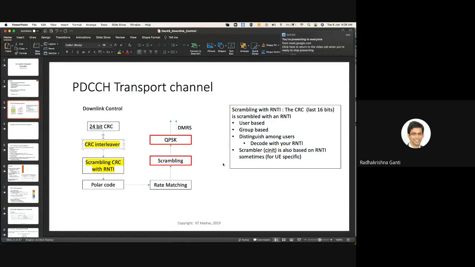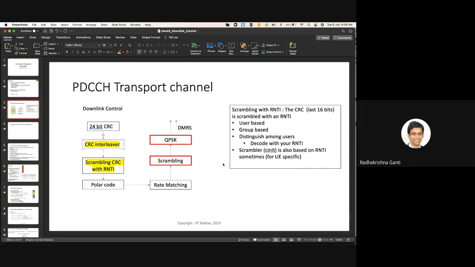This is because of the following reasons. The base station sends out control information. How does the UE know whether the control information is intended for it or for some other UE? The way this is done in 5G NR is that you scramble the CRC with a particular RNTI.